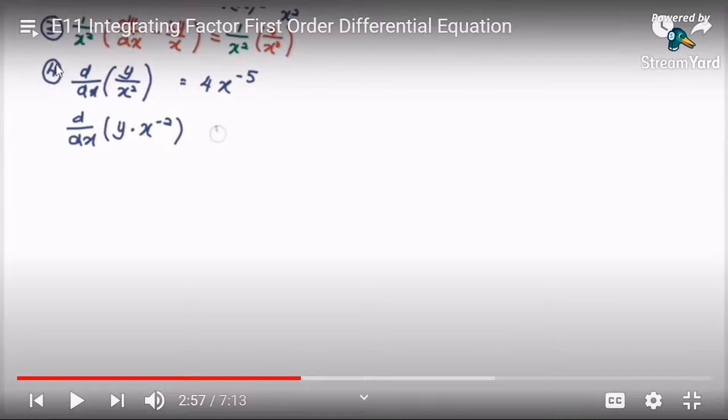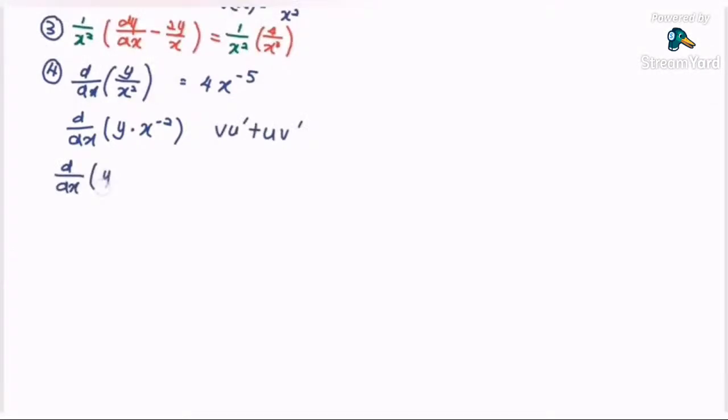Finally we can follow the formula, d/dx of u multiply with v, which is u v prime plus v u prime. So in this case, d/dx for the function y multiply with x to the power negative 2, where u is y and v is x to the power negative 2.